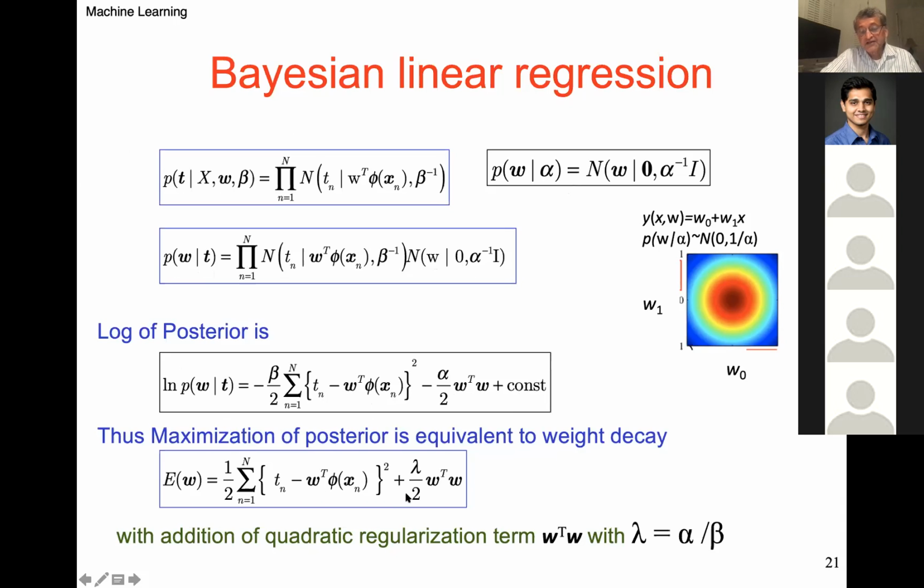Wow. What all this exercise here is to argue that this weight decay based on the L2 norm didn't come magically from somewhere. It can be derived by assuming a prior distribution over the weights, with the addition of a quadratic regularization term, with lambda equal to alpha over beta.